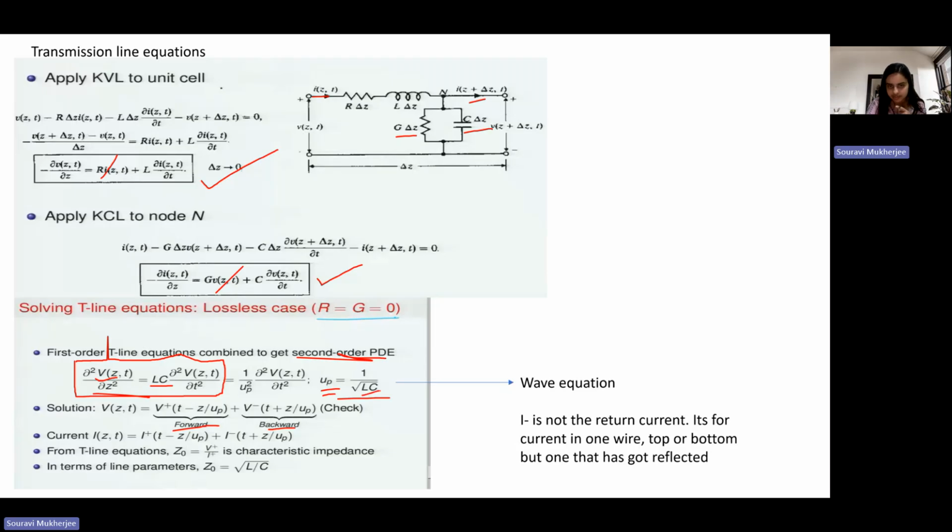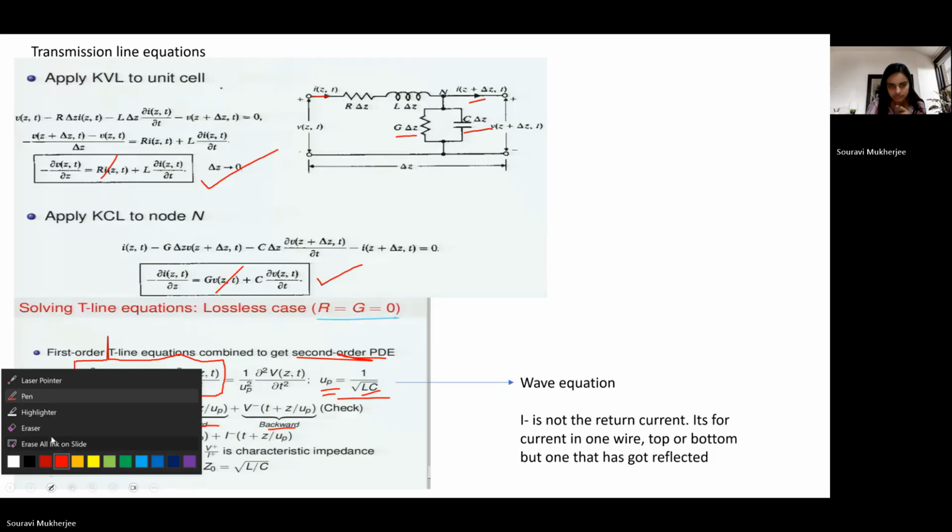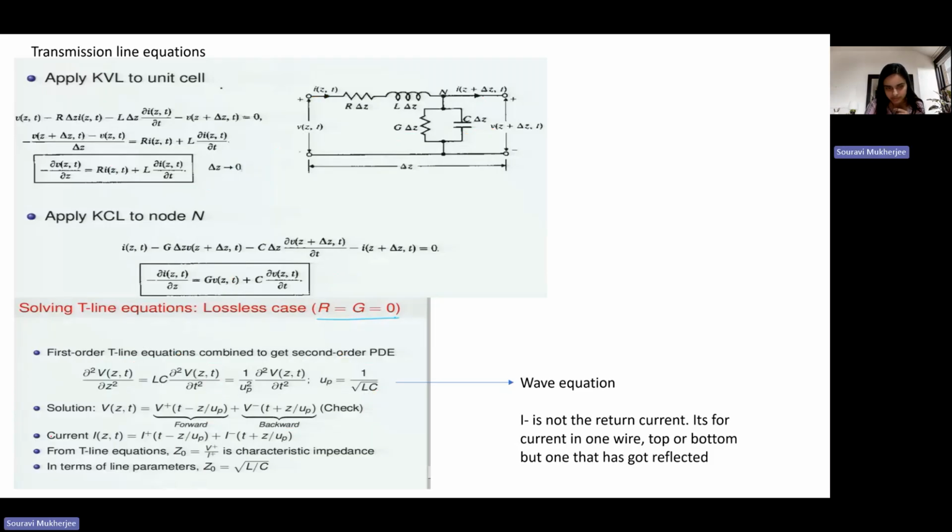So it depends on the L and C, the different distributed parameters. Okay, now once you know V, you can actually find I, right? And basically, they should have a similar form where the ratio should give us the characteristic impedance.